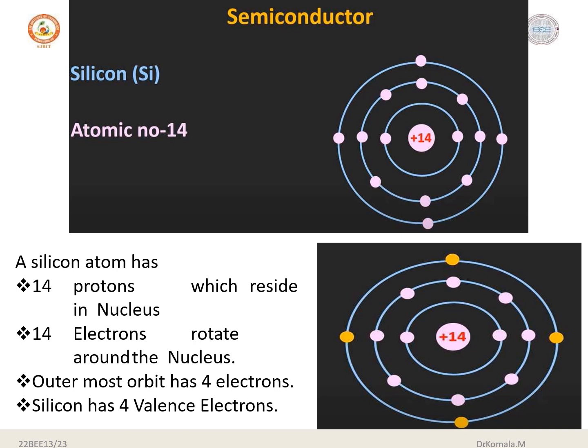The specialty of a semiconductor material is that the outermost orbit will have 4 electrons. So silicon has 4 valence electrons placed in the outermost orbit. The yellow shades you are seeing are the 4 valence electrons placed in the outermost orbit.